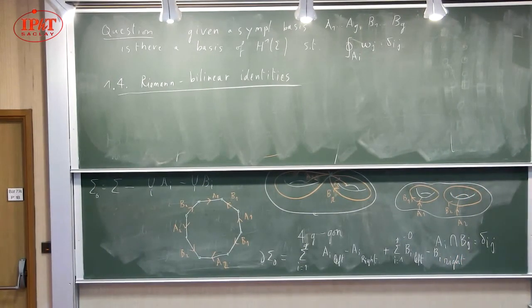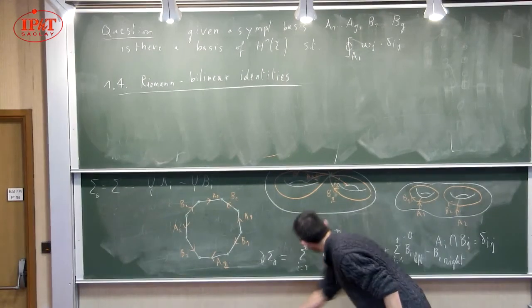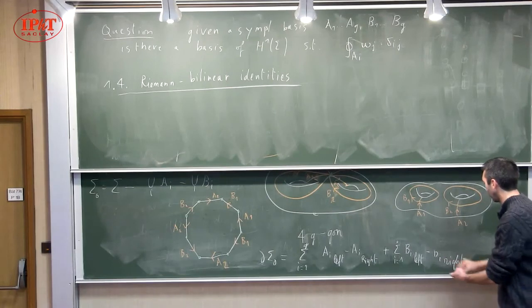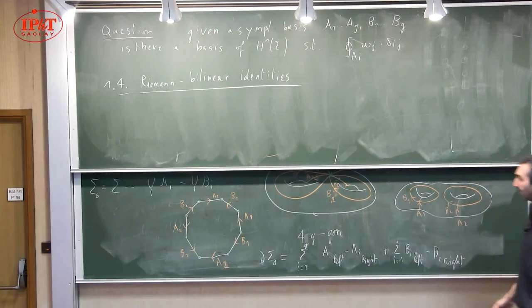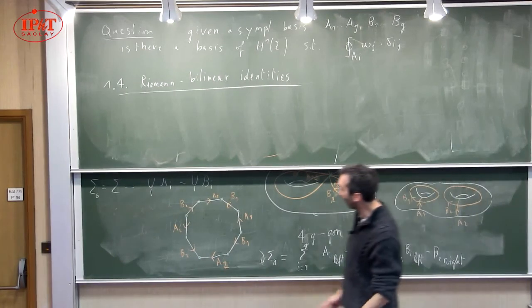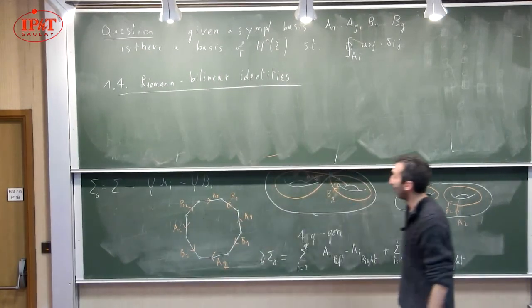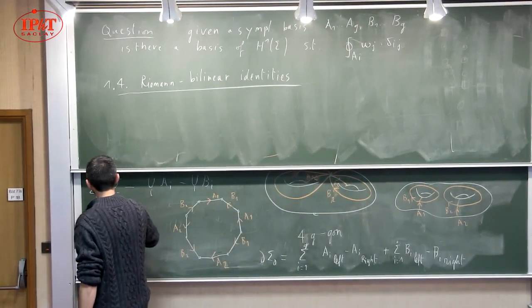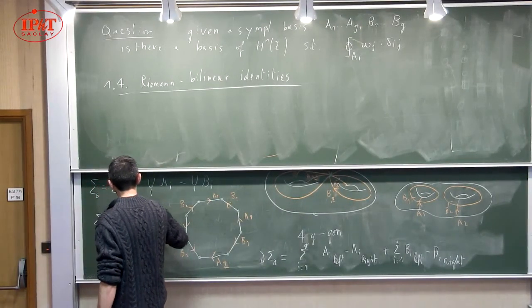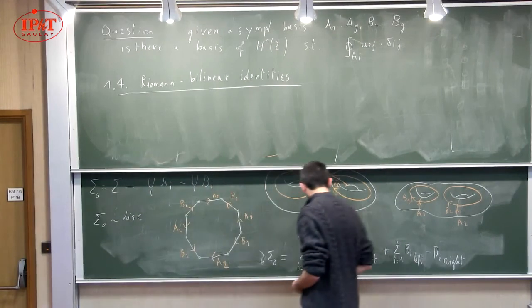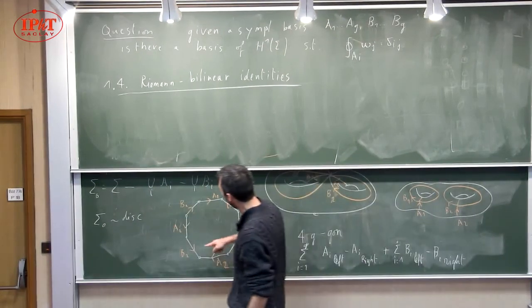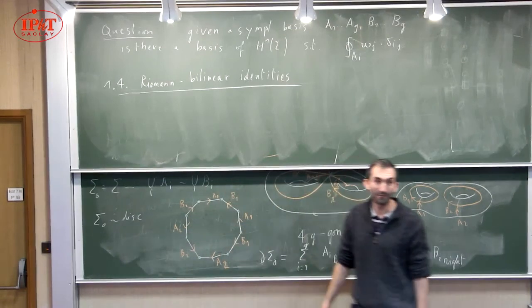I hope it's correct. Another thing is that sigma 0 has the topology of a disk, and the boundary of sigma 0 has the topology of a circle.